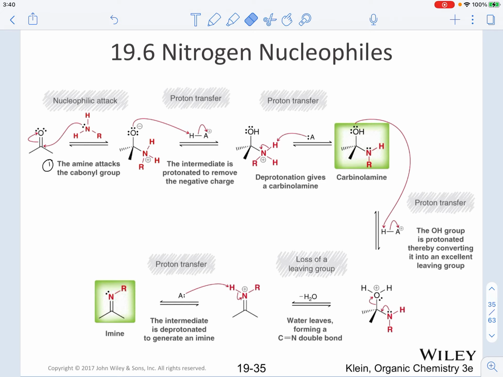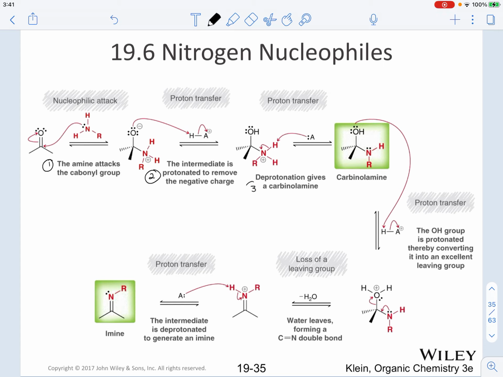In the next step of the reaction, that intermediate is going to get protonated at the oxygen atom, and our oxygen atom is going to now become neutral.